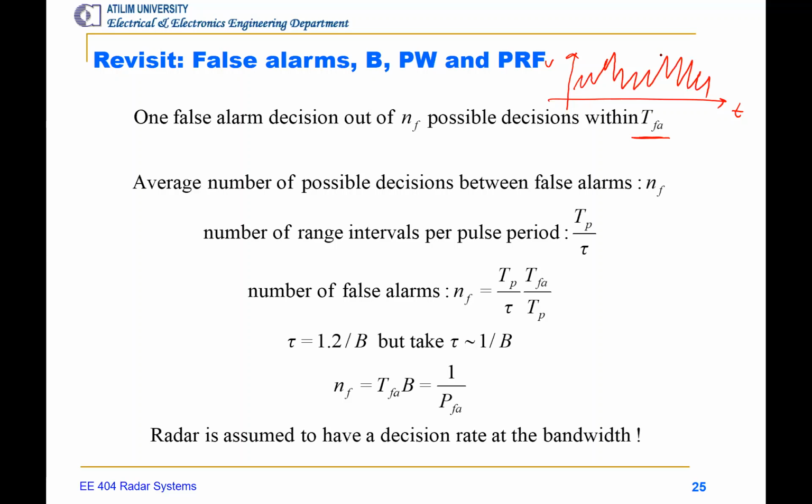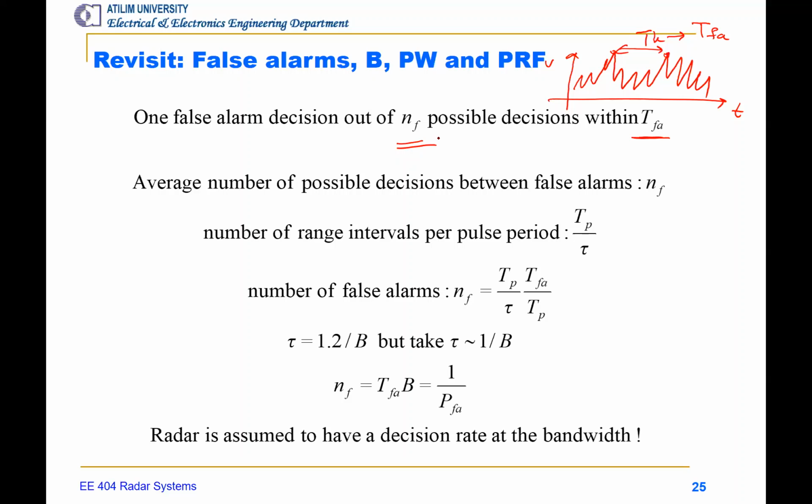So here we got TK, from TK we got TFA, and NF is the number of false alarms out of the number of decisions over the time interval that we make decisions.